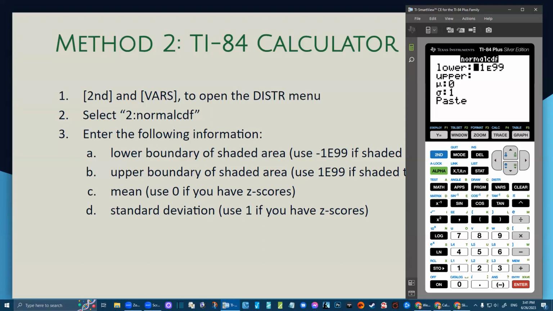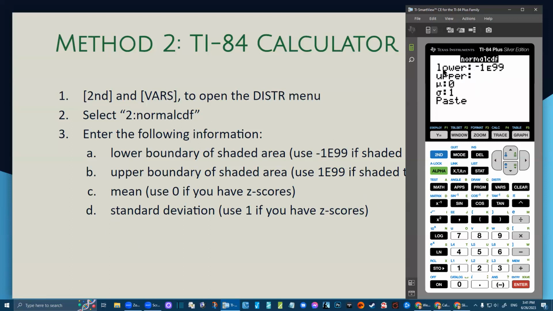And what that's telling us is that that's approximating negative infinity, because those bell-shaped curves just keep going forever and ever without ever touching the axis. So we're using the biggest negative we can to approximate that curve going out to infinity. It hasn't given us an upper, because what it's prompting us to do is give it a z-score or an x value.